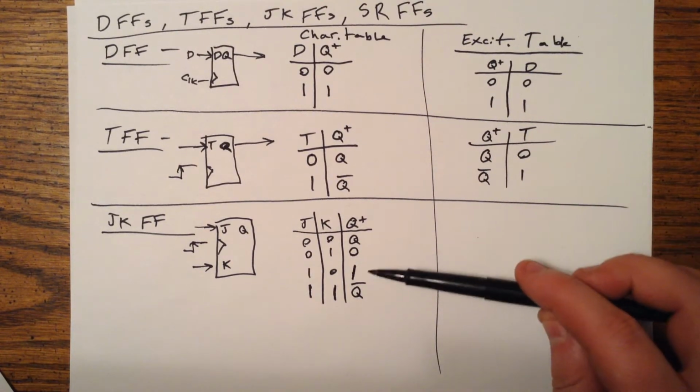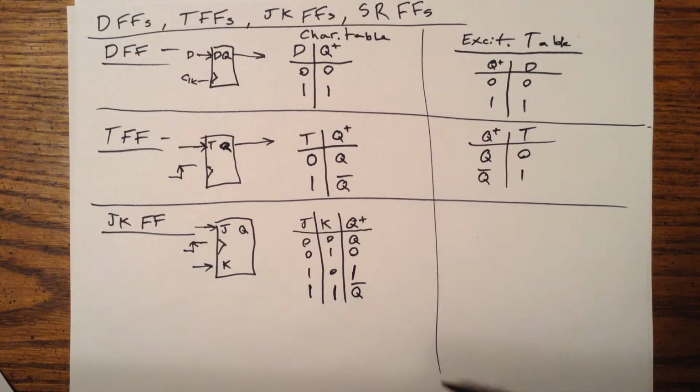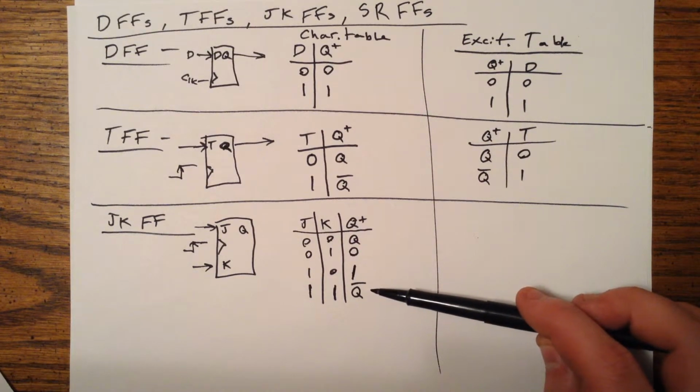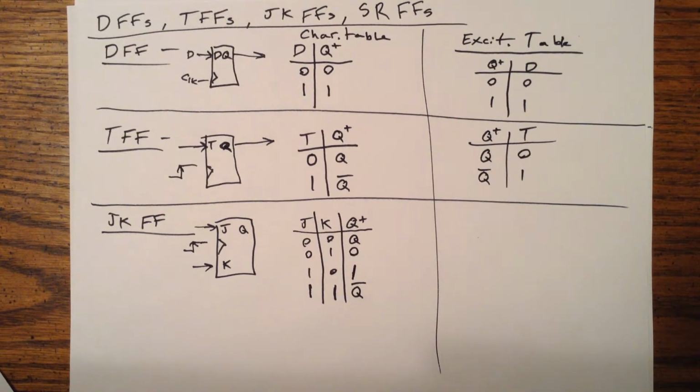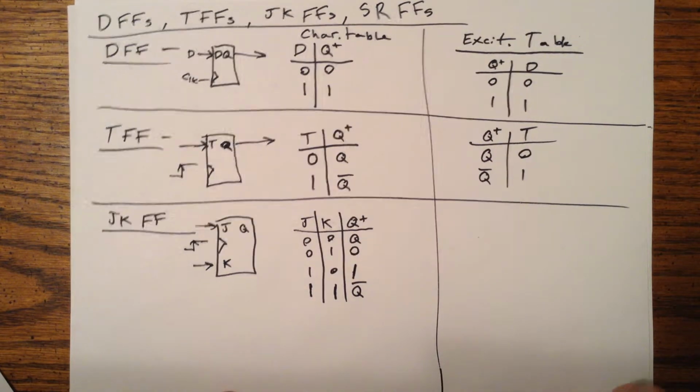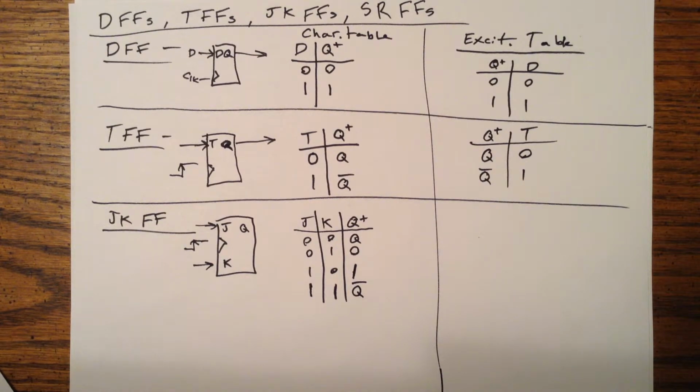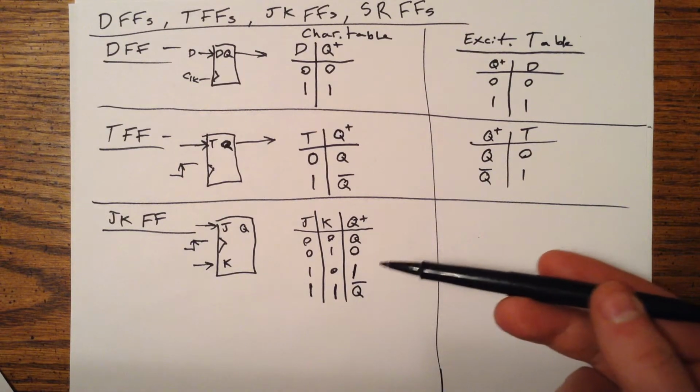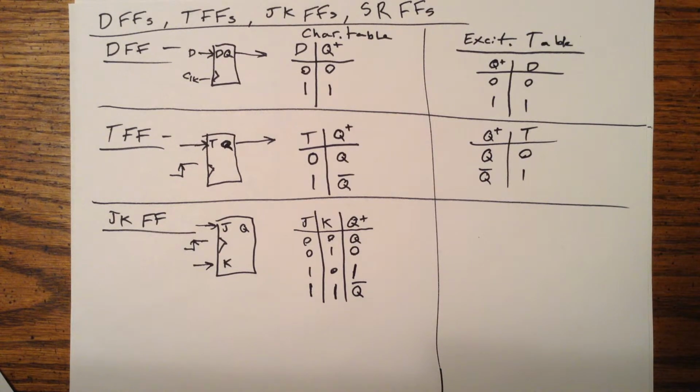If you do 1, 0, it gives you a 1. And if you do 1, 1, it gives you the opposite of whatever you were remembering. So in a lot of cases, it can be very useful. It's a little confusing to derive the truth table, but it can be useful in some cases. They're not as often used, but they are used. So it's always helpful to use them because there's really no substitute for a JK flip-flop when you need one.